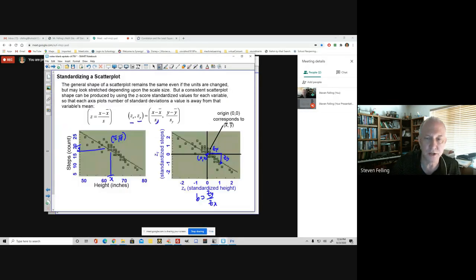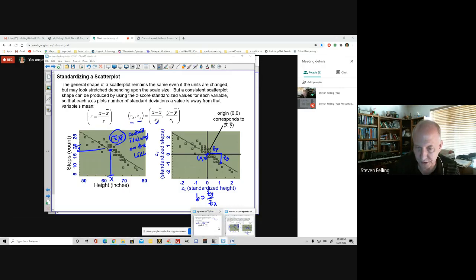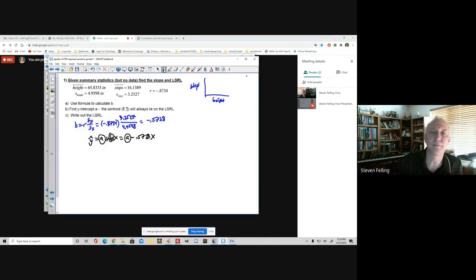In an LSRL, the LSRL will always go through this point, right? The centroid is always on the LSRL. And I also have a derivation that shows why that's true, if you're interested in knowing why that's true. But we're going to accept that as a fact. And what that means, if I go back to the problem we're working, is that I have one point that's on the line, right?